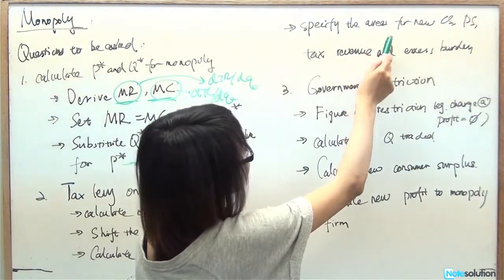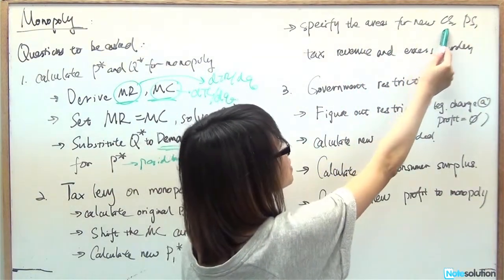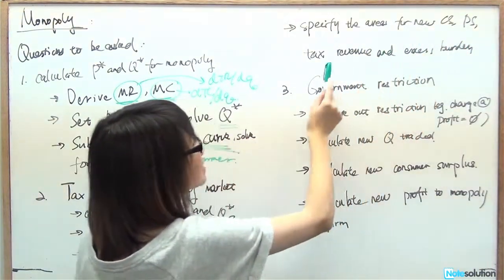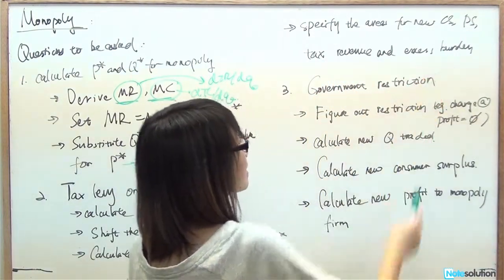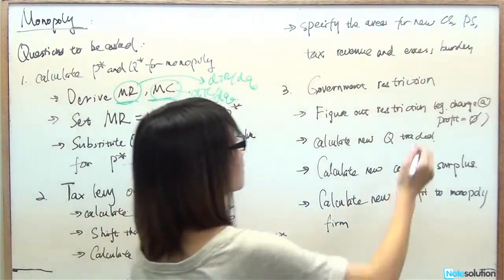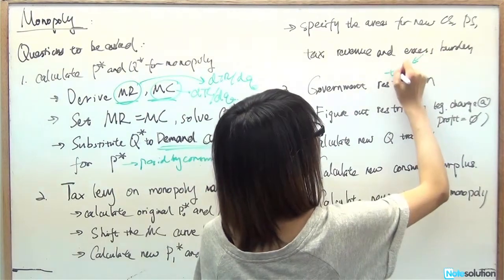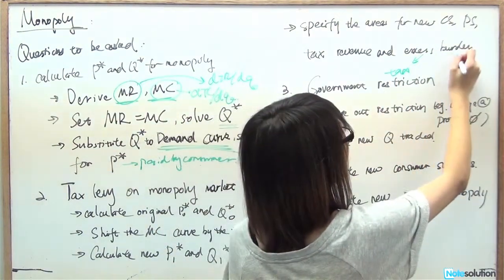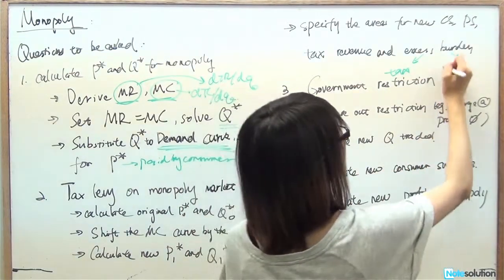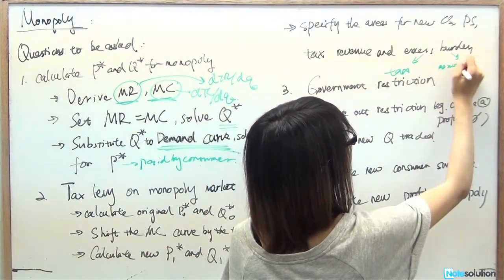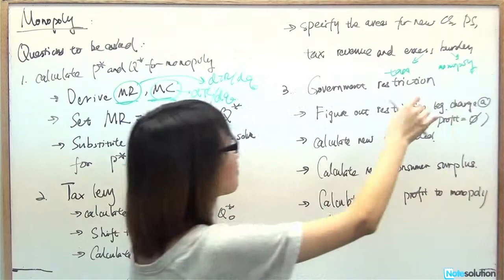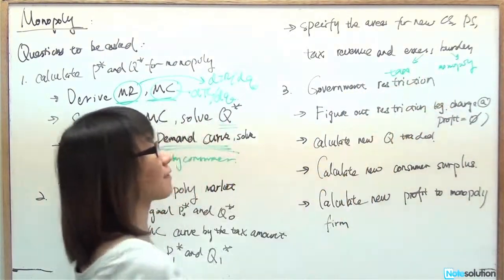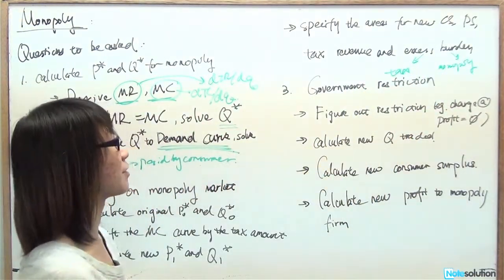Then we find the areas from the graph of the new consumer surplus, producer surplus, tax revenue, and excess burden. The excess burden comes from two parts. One is the excess burden from the tax, and we also have the efficiency loss from the monopoly. We already found both areas from the graph that we talked about in our knowledge summary.